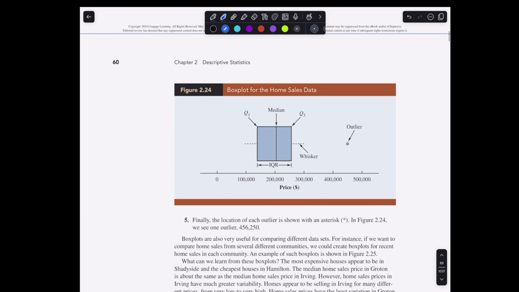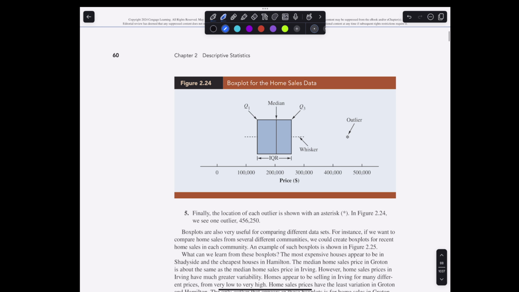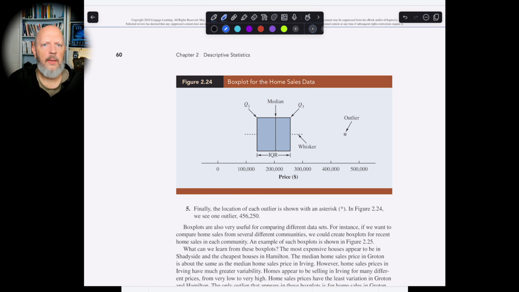Now, I have a note on this about box plots. With box plots, it would be so nice if everything just worked like this. Oh, my picture didn't show back up. There we go. So with box plots, it would be nice if everyone did them the same. But I've hit programs where they don't calculate these box plots the same.